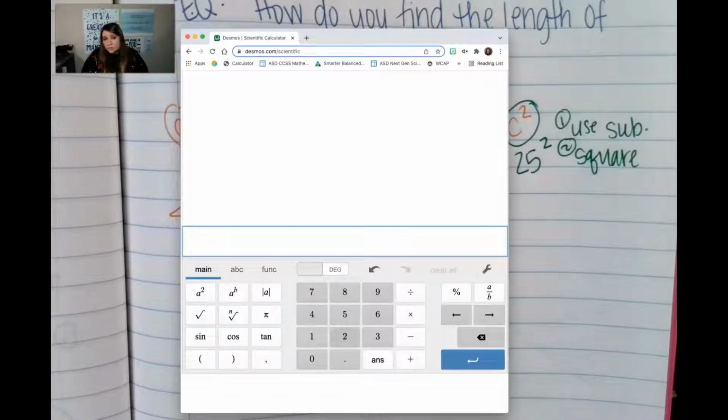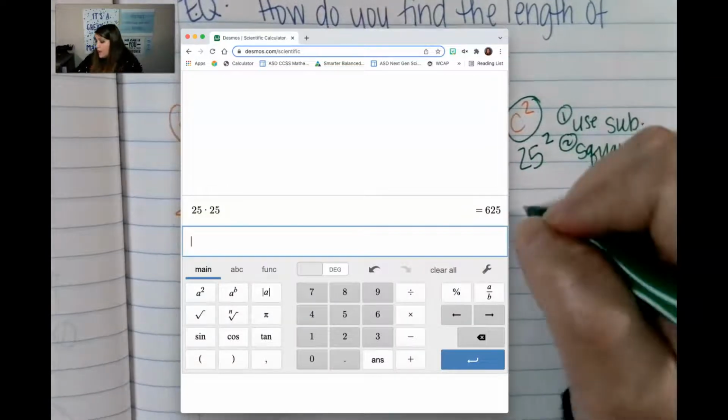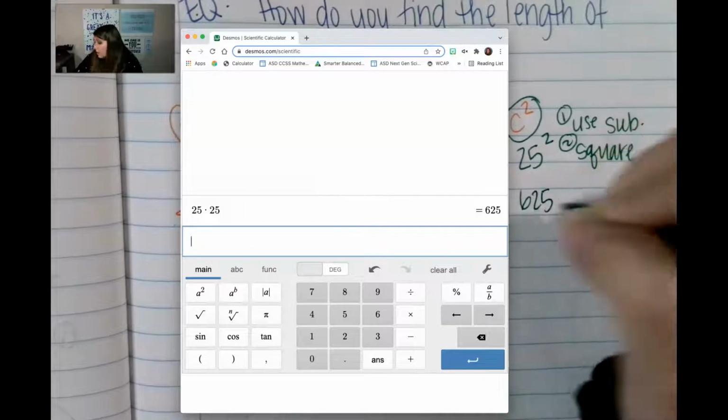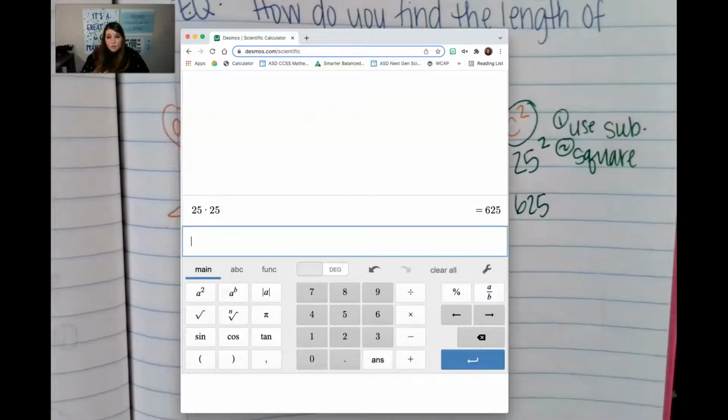So let's do 25 times 25. Oh, it equals 625. If you already know that, you are amazing, and you could have just written that down just the same. Okay, so we have 625 is our answer for c squared.